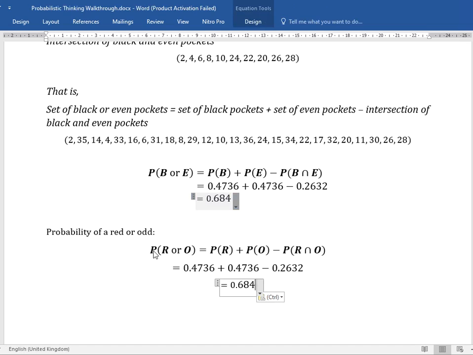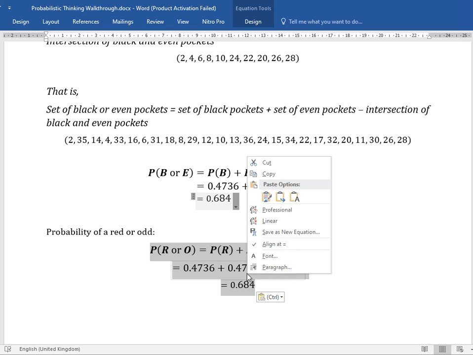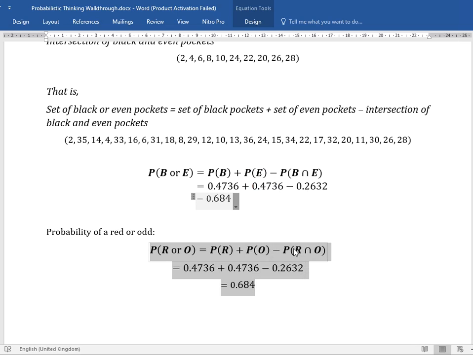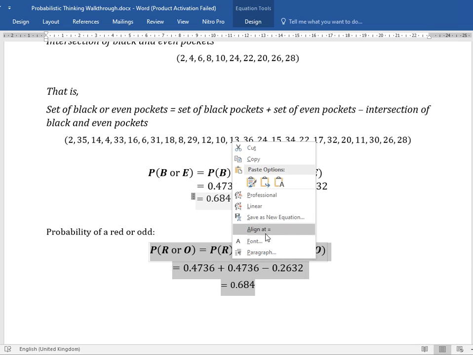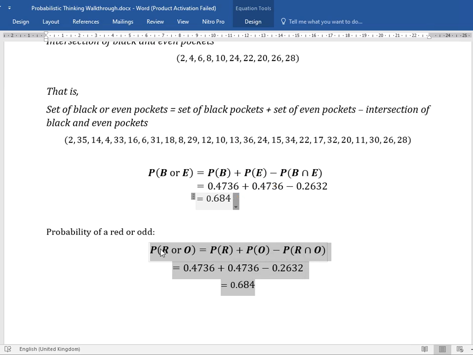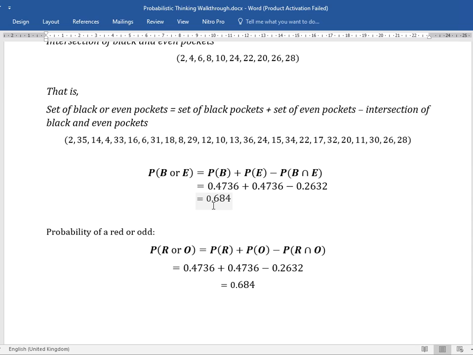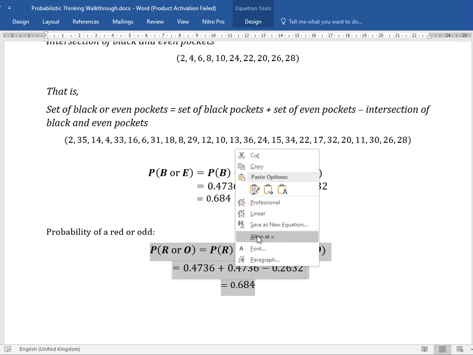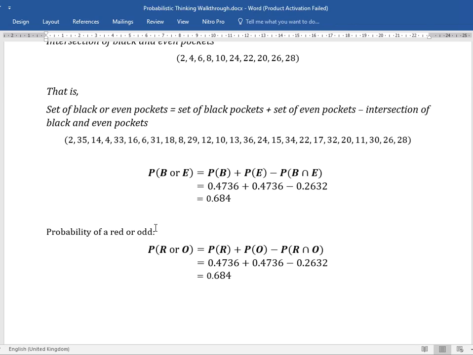All right. So you see, we didn't really get anything different. The odds were kind of equivalent, which is why you would just likely pick any of them, black or even, red or odd. The odds are the same, so I just bet any of them.